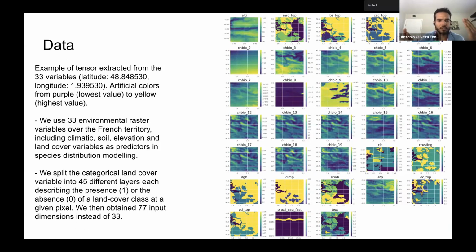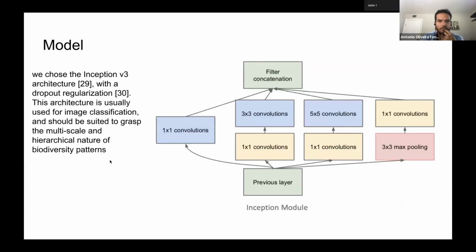I think that's what this stands for. Then they combine these 45 different layers, that now are just ones and zeros, with these 33 environmental raster variables. That stacks up to 77 layers. So that's where this 64 by 64 by 77 comes from, for the data that they're using. Okay.